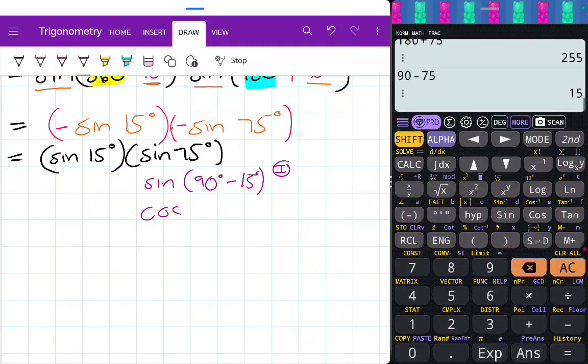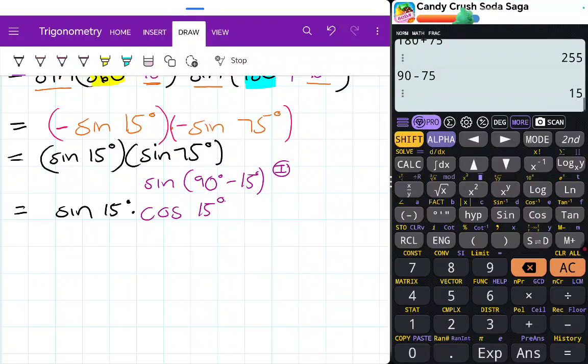So this is cos of 15 degrees, which means now we have sine of 15 degrees multiplied by cos of 15 degrees. This is great. Okay, it still doesn't look like anything that we want it to look like. If we go back to our rules, what you would want it to look like would be 2 sine cos.